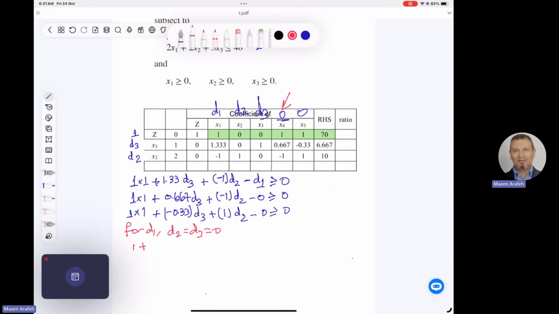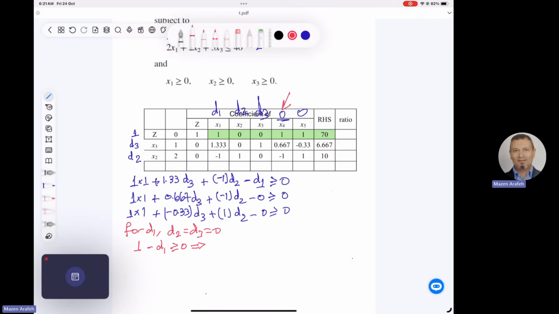So this is now 1 minus D1 is greater than or equal to 0.